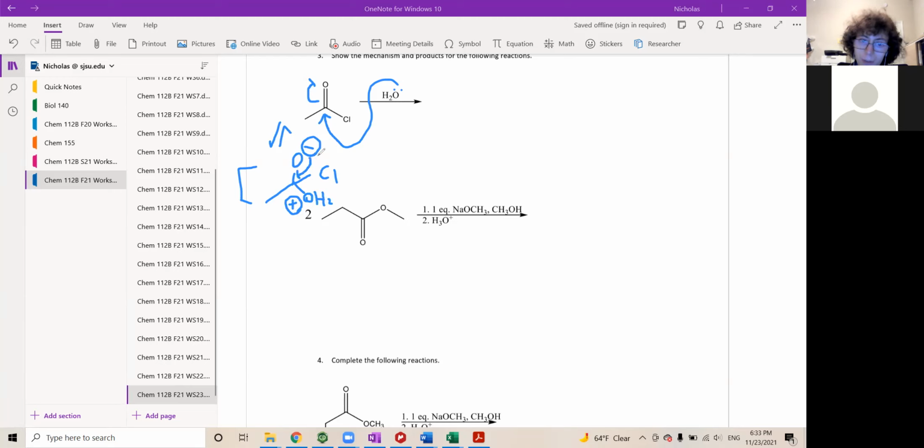We'll reform the carbonyl and kick out the chlorine. There is still a positive charge on the water because it has an extra proton.